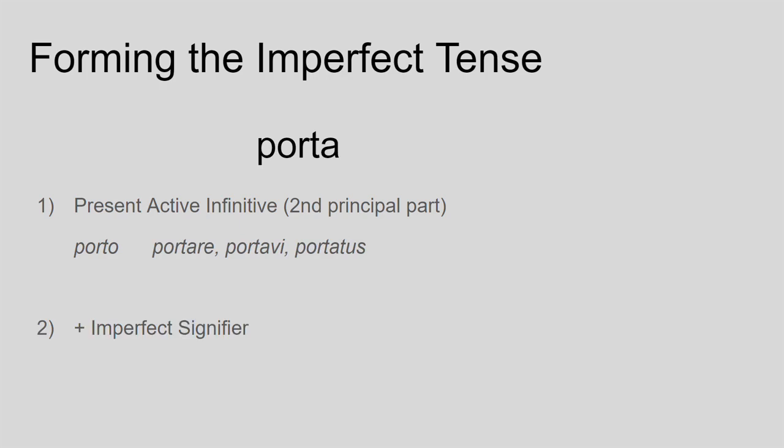Then I add my imperfect signifier, which is ba, B-A. This is the bit that tells me it's an imperfect verb. Then I just add the person endings, m, s, t, mus, tis, nt, and that tells me who's doing the verb. So if I want to say he was carrying, I take the porta, add ba, and then add my third person singular ending, t: portabat.